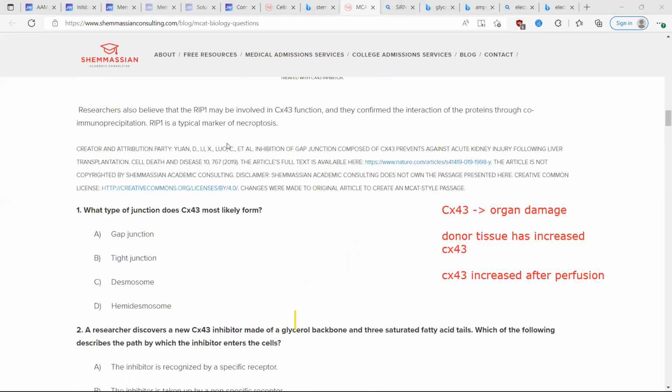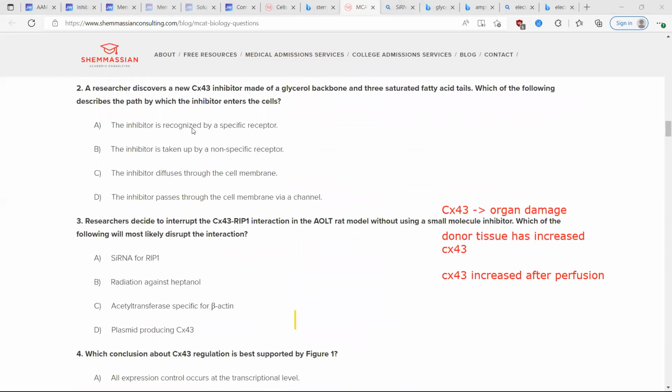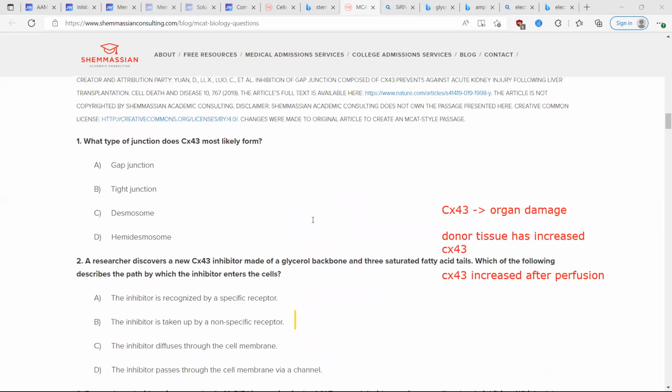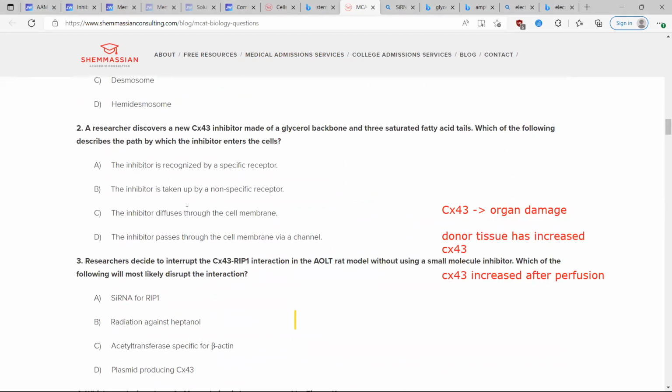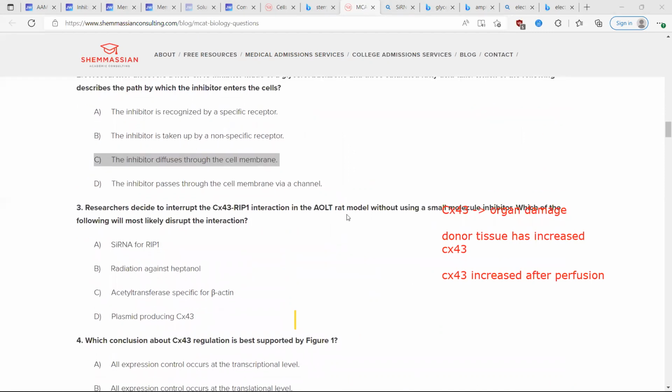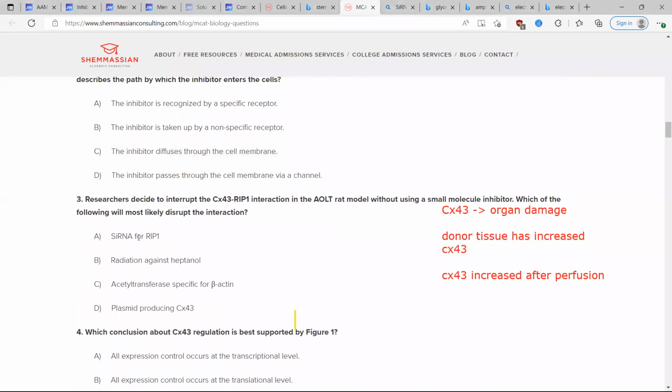So we can just take a look at our answer choices. So we had said that it's a gap junction, right? This is anatomical knowledge. We had said that it diffuses through the cell membrane. This is a little bit of knowledge about what triglycerides are like, a little bit of knowledge about how membranes work. We said siRNA.